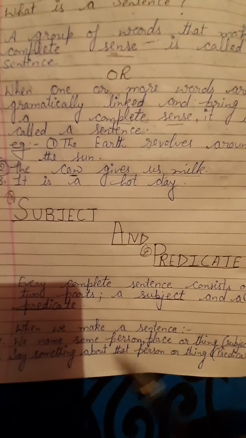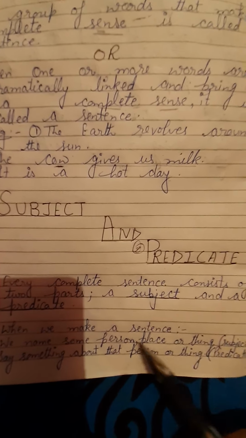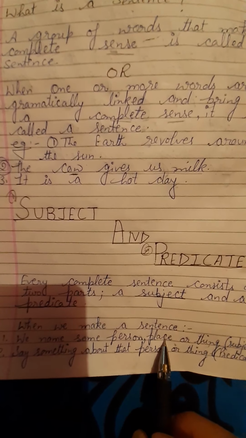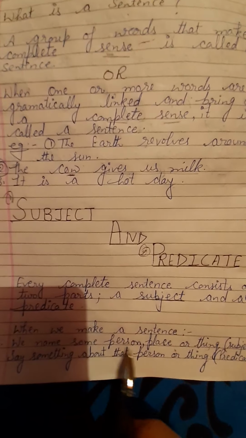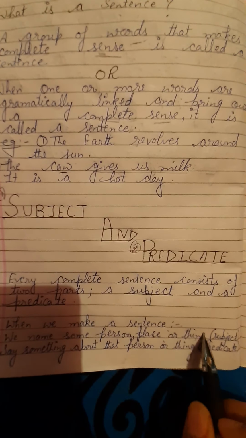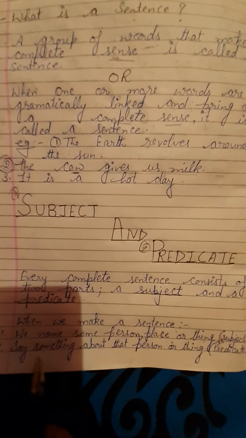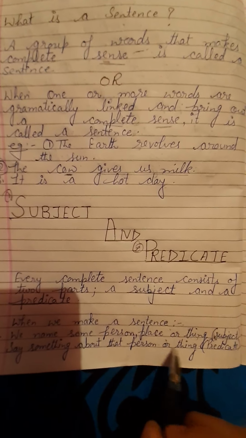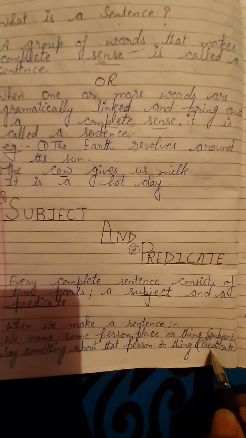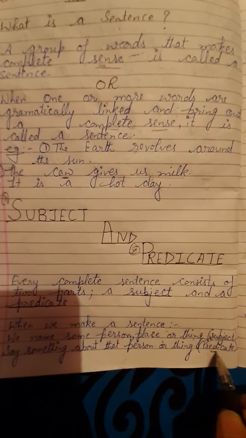When we make a sentence, we name some person, place or thing. Likewise, noun is the name of a person, place or thing or animal. So every noun is a subject here. Then we say something about that person or thing or noun, यानी कि उसके बारे में कुछ बात करना. If we are talking about a subject, that is called predicate.